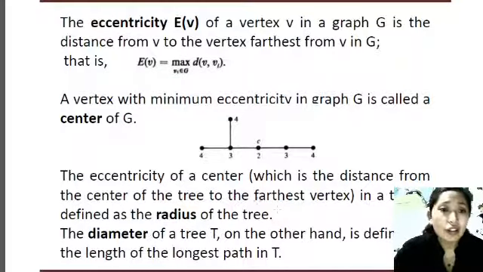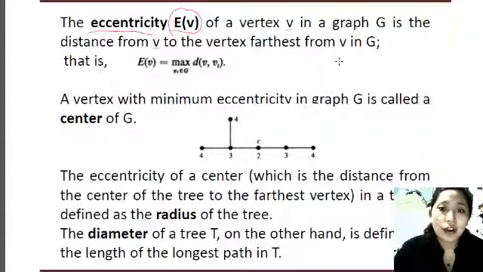Next we are going to calculate the center, radius, diameter and perimeter of a graph. To calculate all this, we need a very important parameter called eccentricity. Eccentricity is related to each vertex and is represented by E of that vertex, E(V). The eccentricity of a vertex V in any graph G is the distance from V to the farthest vertex in that graph.